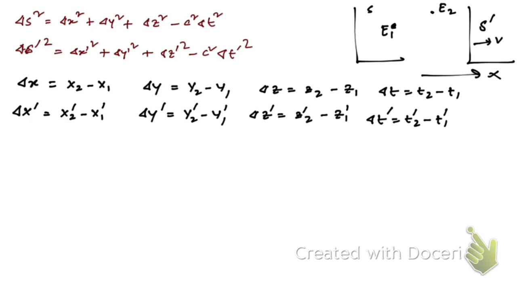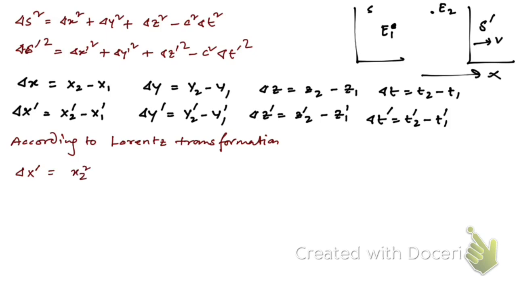Now you see, according to the Lorentz transformation, del X dash is x2 dash minus x1 dash. x2 dash is given by gamma into (x2 minus v into t2), and x1 dash is given by gamma into (x1 minus v into t1).